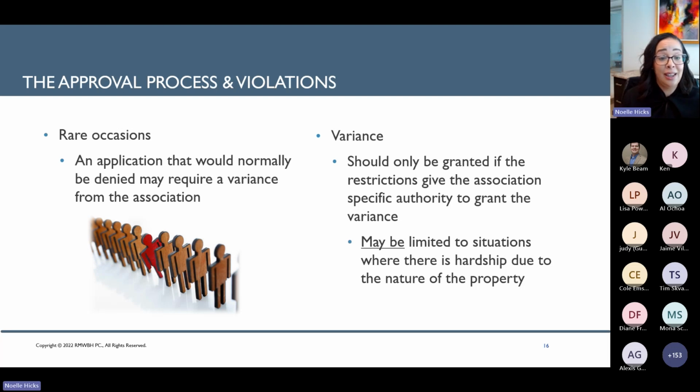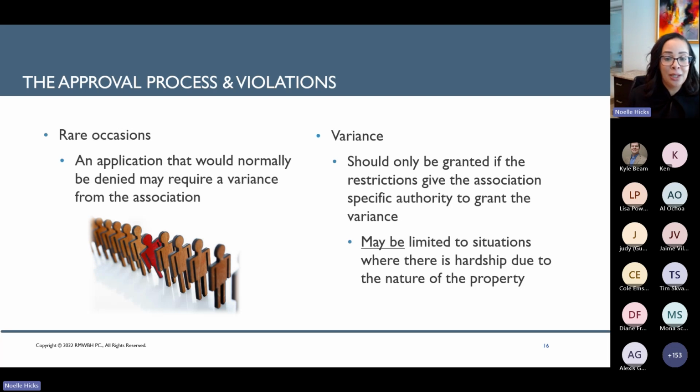In the event that a variance is going to be granted, then the POA's attorney, whoever that might be, can ensure that the variance is properly documented and that it's filed in the real property records. I've had a couple of questions about why it should be recorded in the real property records. Well, the person who has requested and been granted that variance may not live in that property forever.